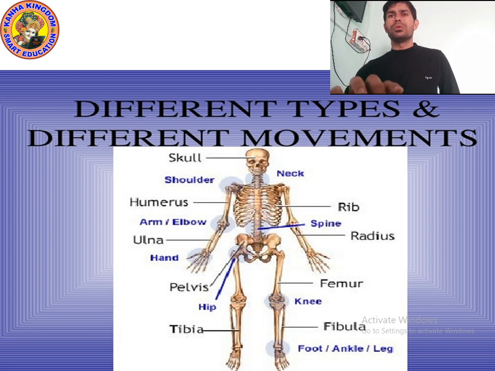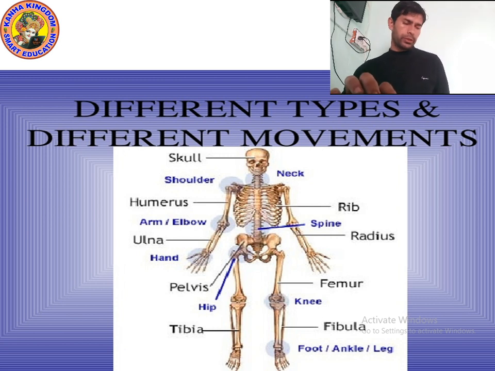Okay, so remember, what is a cell? Cell is the basic structural and functional unit. Remember that our body is made up of cells. And the group of cells is called tissue.